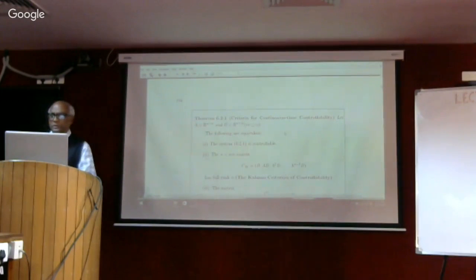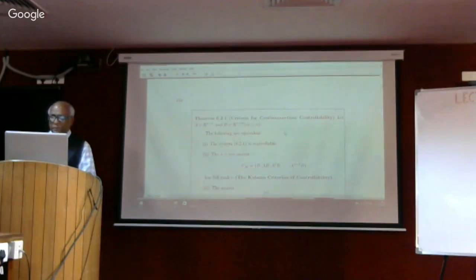What is the order of this matrix? How many rows and columns are there? It is n by nm.